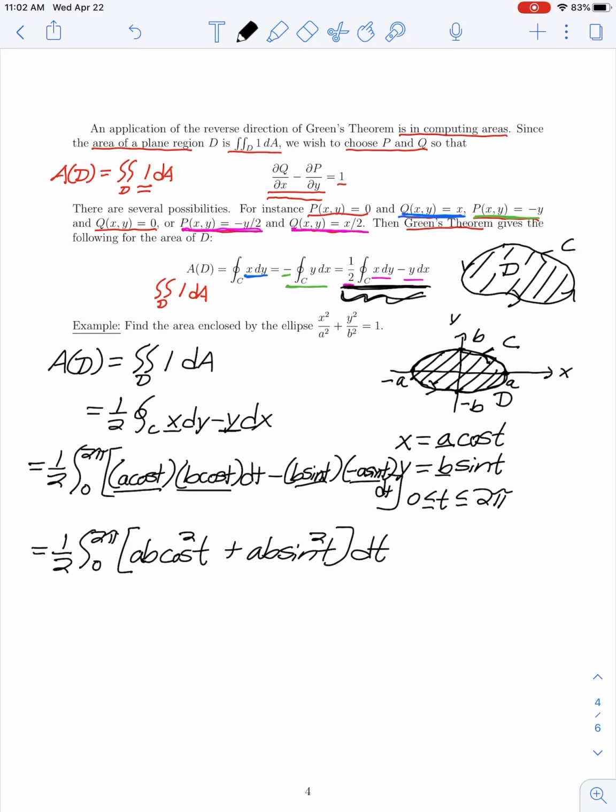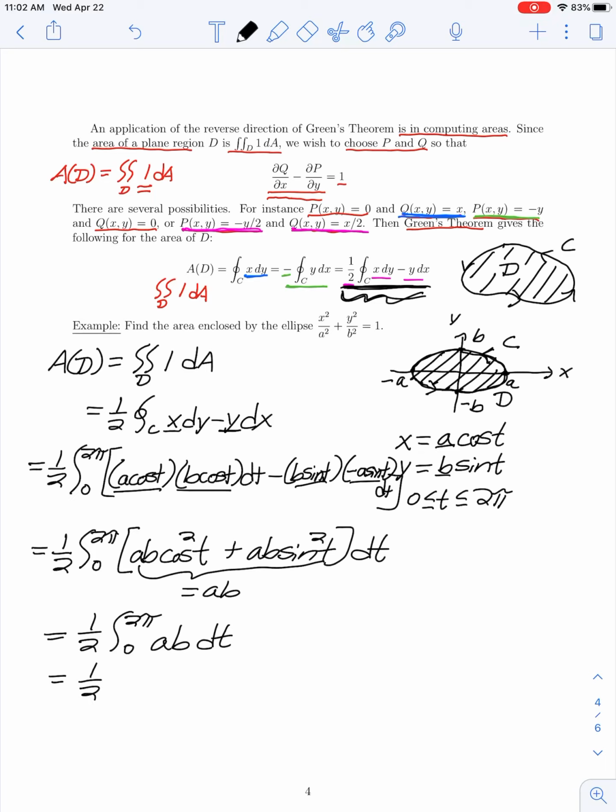So we see that for our integrand, if we factor out the a times b, we're left with cosine squared plus sine squared, which is 1. So this term, which we're integrating, reduces to just the constant a times b. So we have 1/2 the integral from 0 to 2 pi of a times b with respect to t.